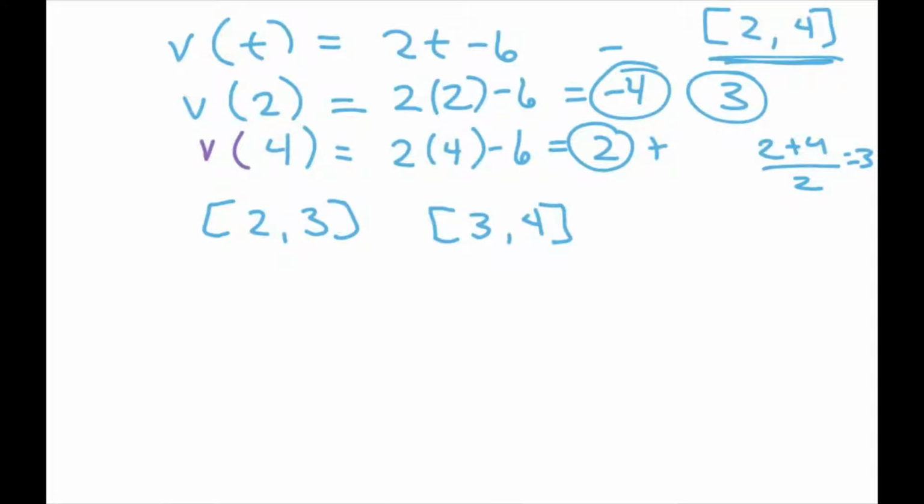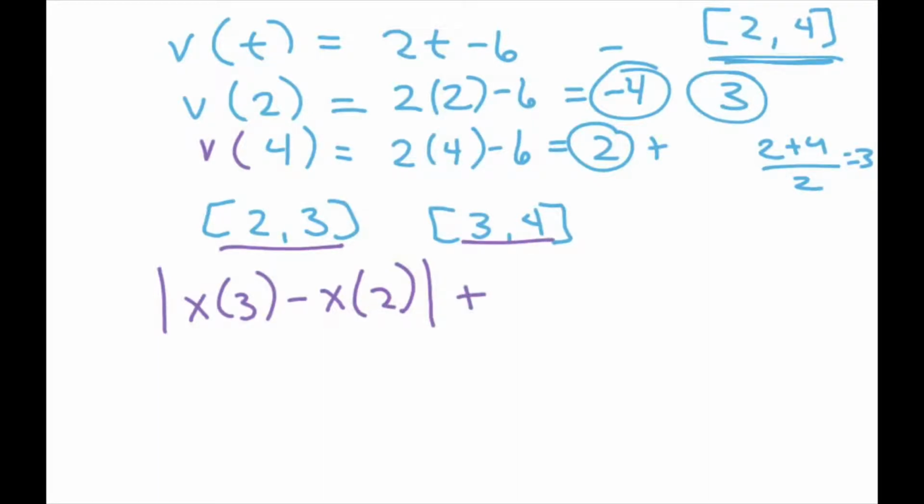So we're first going to do absolute value of x of 3 minus x of 2. This is this part. And then you add it to this interval, absolute value of x of 4 minus x of 3.